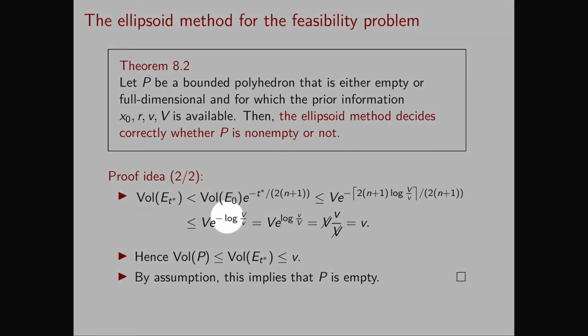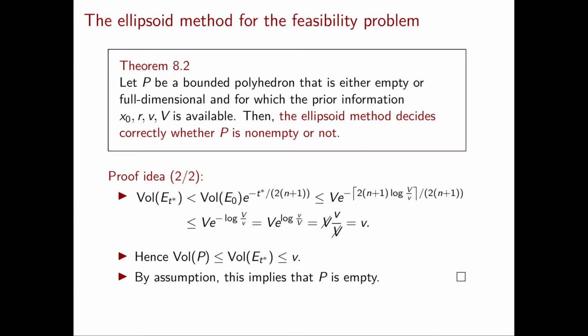We can now get rid of the minus by flipping v with capital V. We obtain capital V e to the log v over capital V. Of course, e and log simplify, so we obtain capital V times v divided by capital V, and this is simply v. So we have obtained that the volume of E_{t star} is at most v.